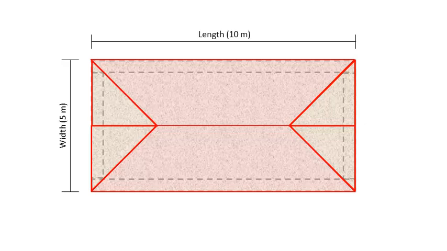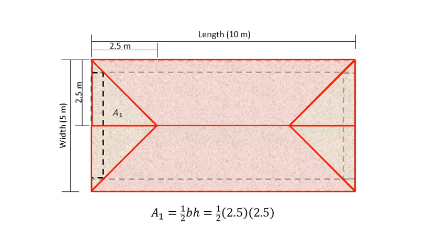Now let's look at how much area is supported by each supporting member. Let's start with the left girder. It supports a tributary area made up of two right angle triangles. Since the hypotenuse of the triangles is 45 degrees to each other, and the triangle is half the width of the slab, the sides of the triangles must be 2.5 meters long. The area of a triangle is given by the formula half times the base times the height, where both the base and the height are 2.5 meters for our triangle.